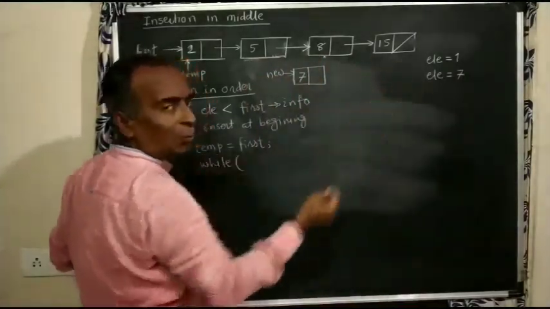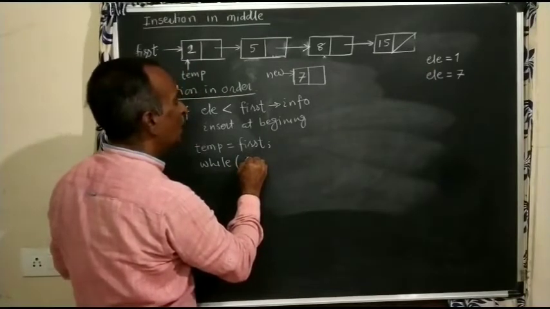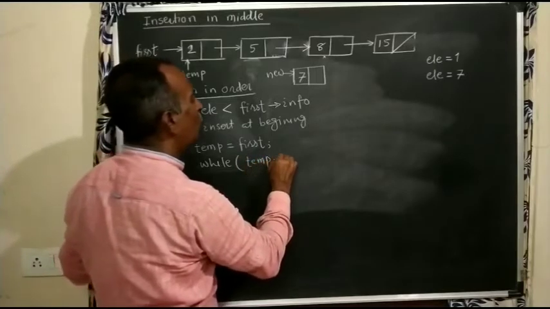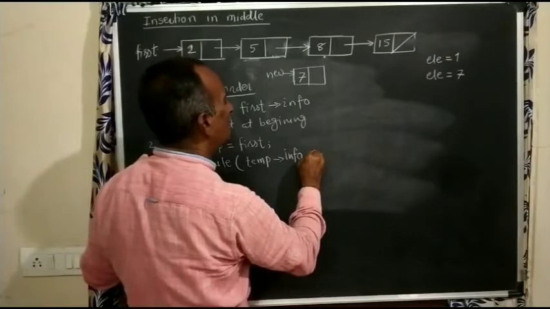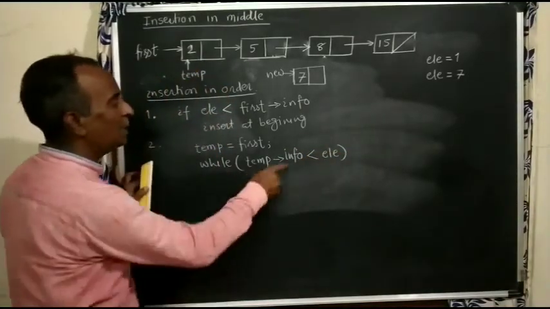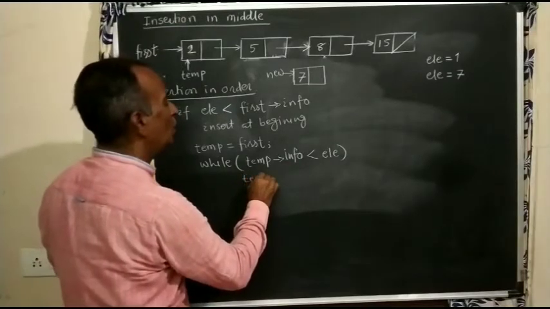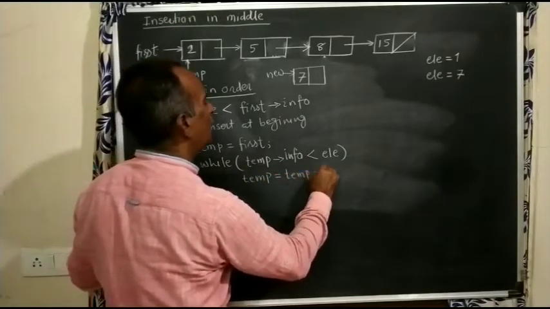If greater we are moving, suppose I'll give, when temp's info field is less than the element to be inserted. If this is the case, I want to move temp. Suppose what will happen? Temp's link field.